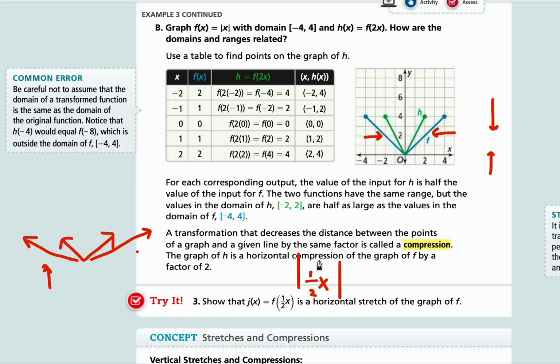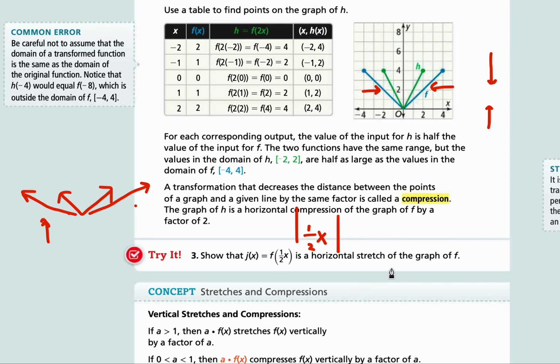So if your domain has an endpoint, it's restricted, your domain will change because this is a horizontal stretch. And if your domain stretches, that means you have more distance, more range of the domain, right? If you divide it by 2. So if domain is stretched, that means you have a horizontal stretch of the graph.